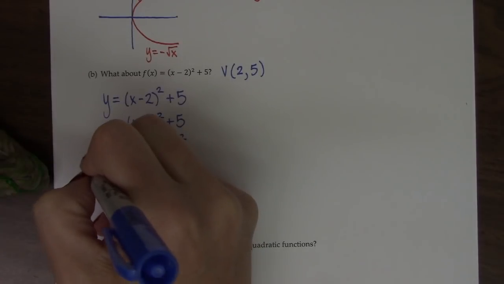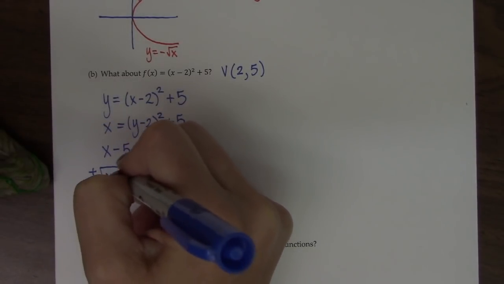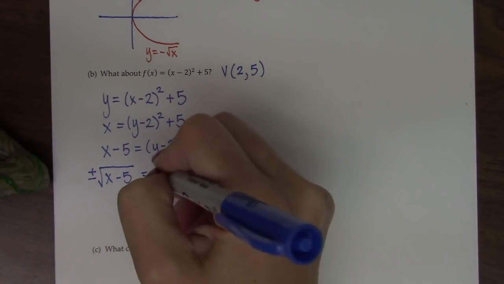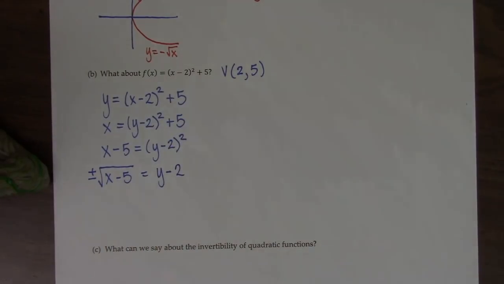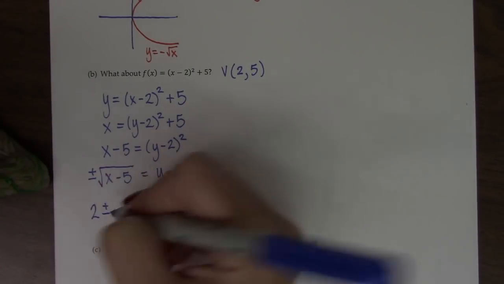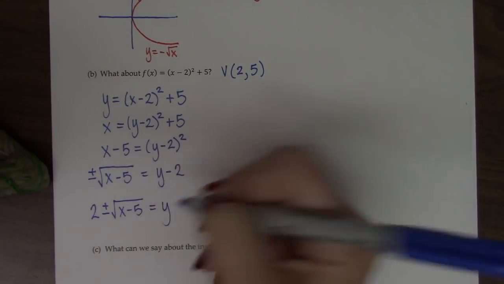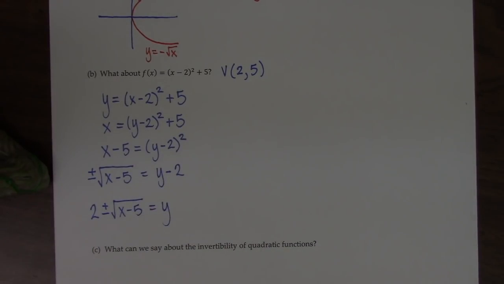Once again, I'm going to get plus or minus the square root of x minus 5 equals y minus 2. Then I'm going to add 2 to both sides. Once again, I've come up with two equations. The positive case is for values to the right of 2, and the negative case is for values to the left of 2.